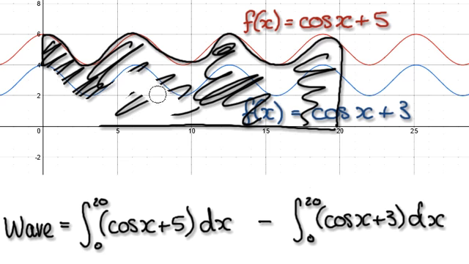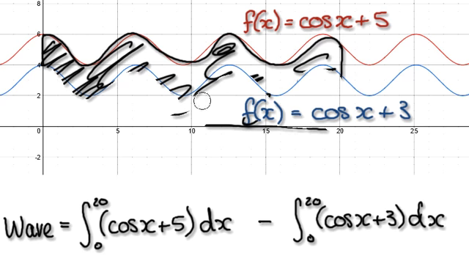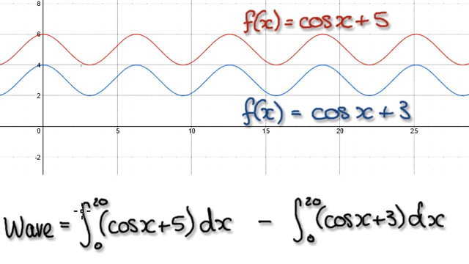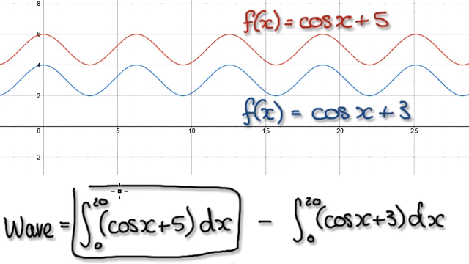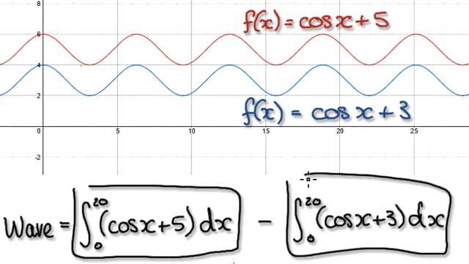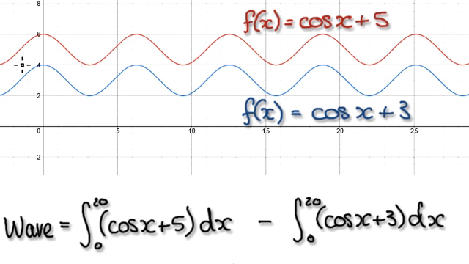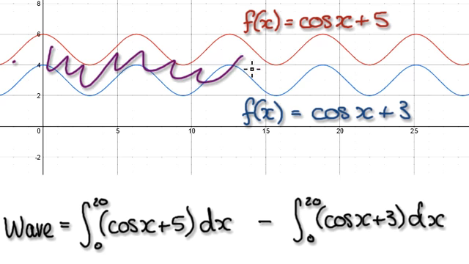So this area of the blue line here, and then what was left was the area of the purple wave. So we worked out the area of the red line, take away the area of the blue line, and then what was left was the area of the purple wave from 0 to 20.